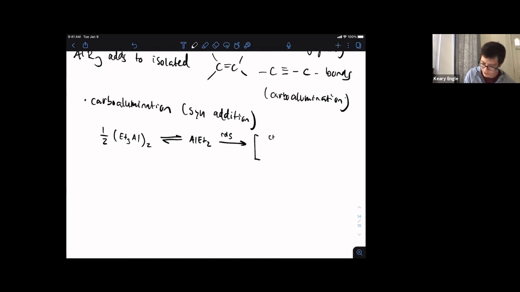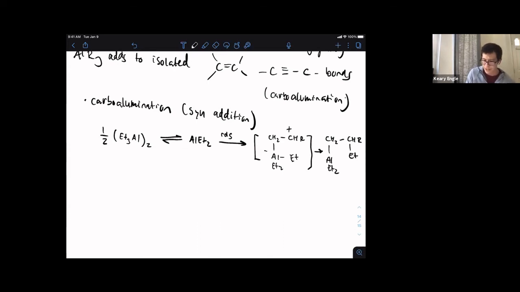Here I'm going to draw this as a stepwise process that proceeds through the corresponding carbocation. And then out pops your product, where you've had ethyl transfer to one of the alkenyl carbon atoms and aluminum transfer to the other.